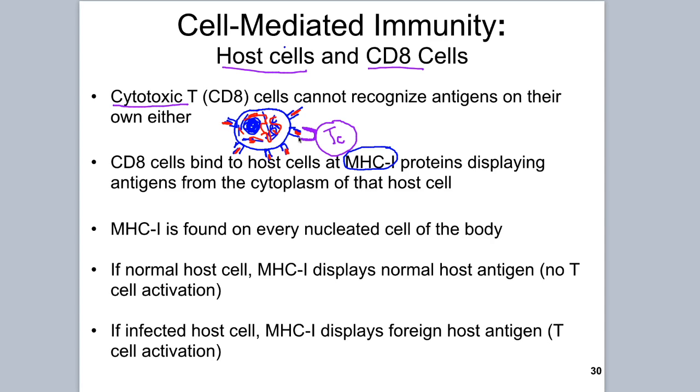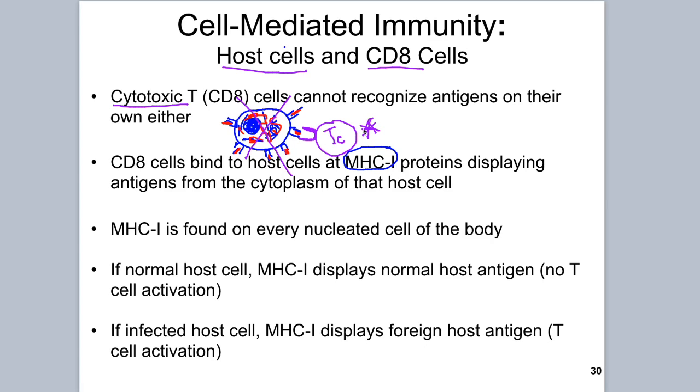If it's a host protein, the cytotoxic T cell just unbinds and leaves. If it's a foreign protein, the cytotoxic T cell will actually kill this host cell, and then the cytotoxic T cell will become activated. So let's just use a star to show the activation.